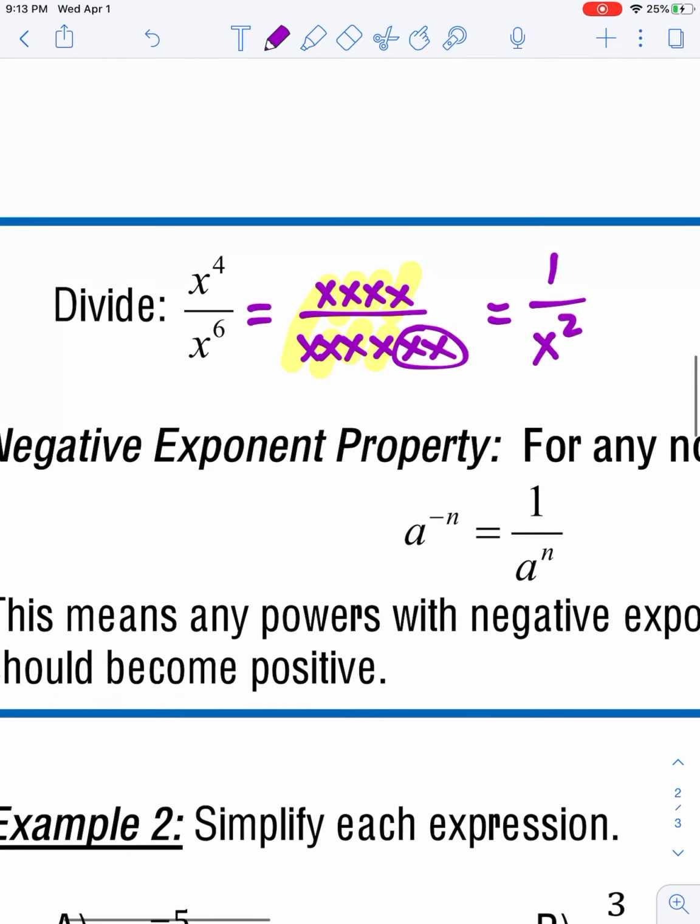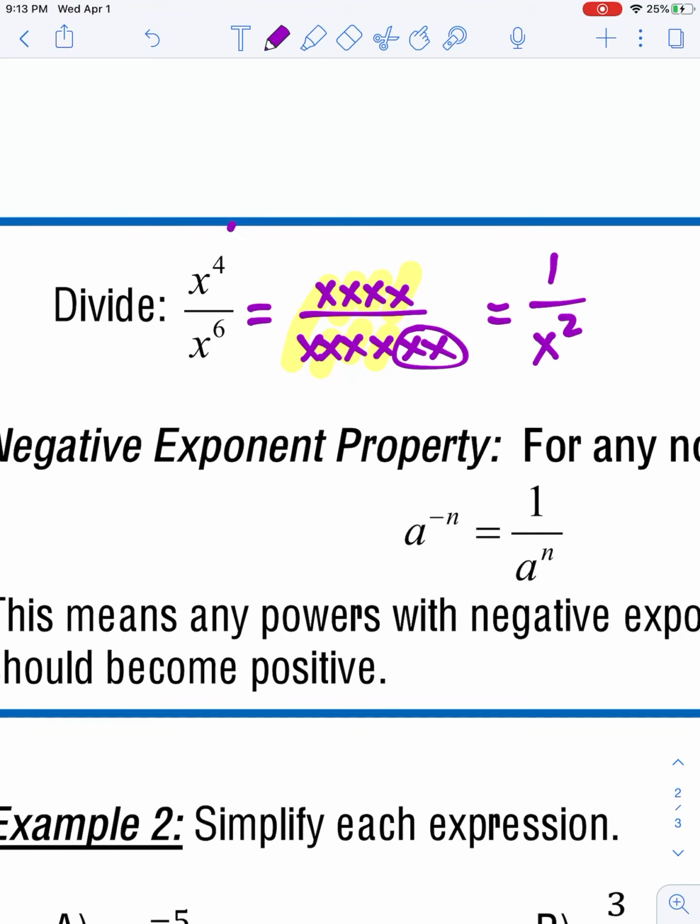One way of looking at this without dealing with any negative exponents is, when you're subtracting, you find the difference between those two numbers and then look right away to see where you have more of them. In this case, we have more x's on the bottom, so the leftover x's are on the bottom.